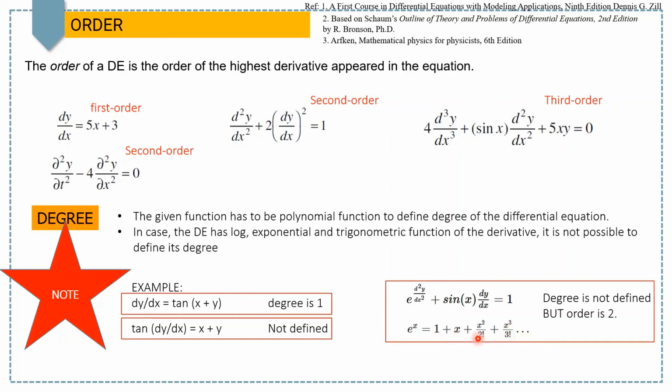But when we include more terms in this series expansion, the second order derivative in this equation will vary each and every time. Hence, the degree of the equation is not defined, but the order is well defined, and that is 2. So in this case, because the derivative is a function of an exponential term, the degree is not defined, but the order is well defined, and that is 2.